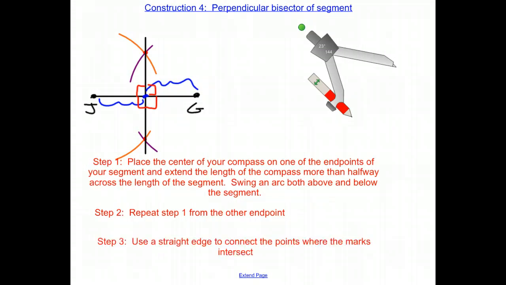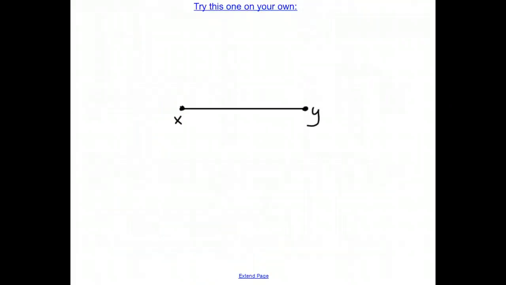As was the case with previous constructions, once I walk you through the process on how to do these constructions, I'm going to ask you again to go off on your own and try to do a problem on your own. So, copy segment XY down on your paper and follow the 3-step process on how to find the perpendicular bisector of XY.